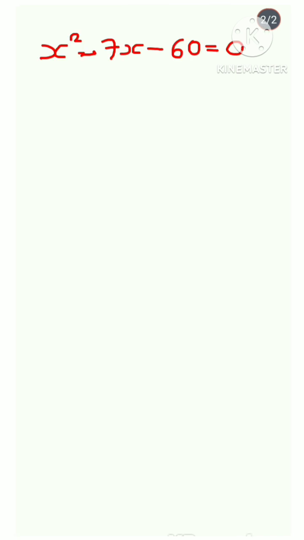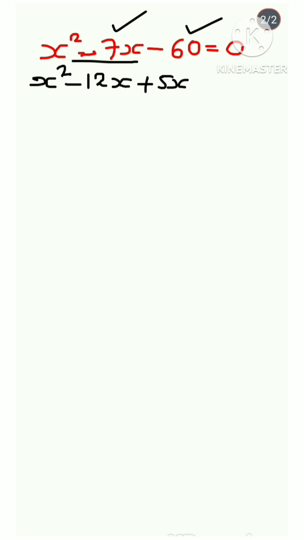Okay, now x square, okay, this minus 7x can be split into minus 12x and plus 5x, because when we multiply minus 12 and plus 5, then we obtain minus 60. Similarly, when we add plus 5 to minus 12, then we obtain minus 7, right?